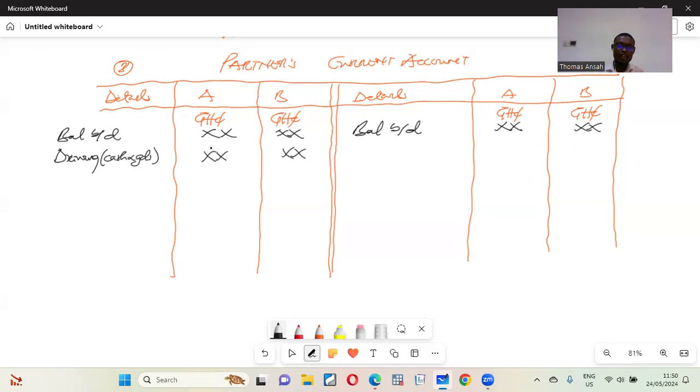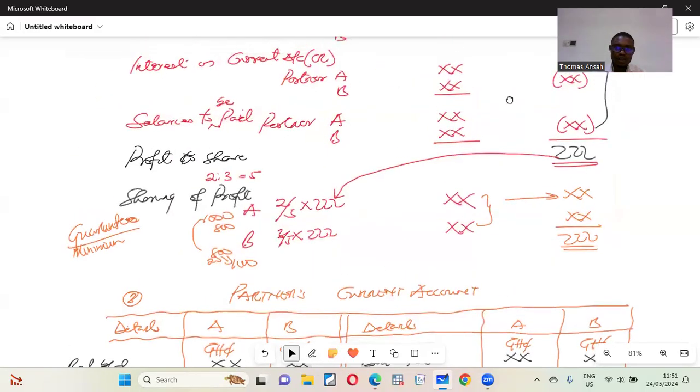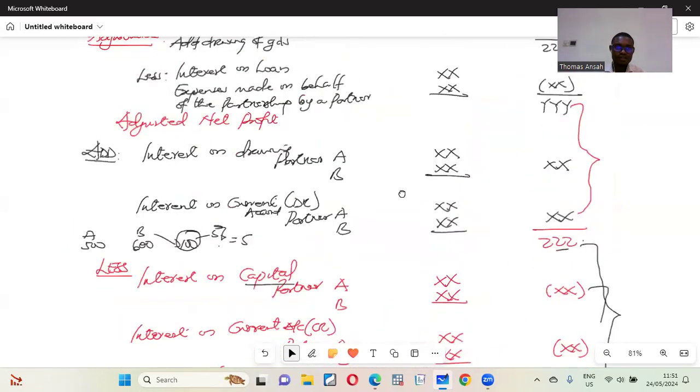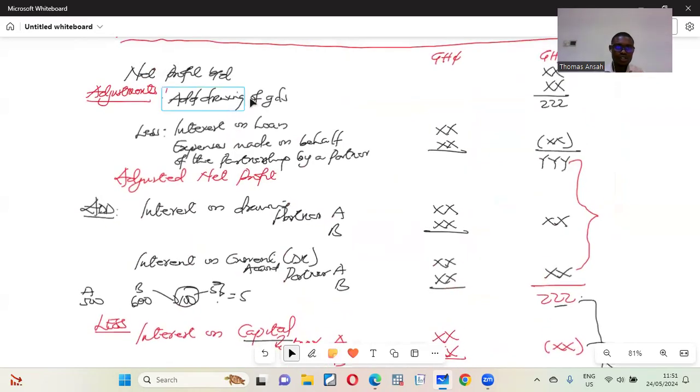Then once you're done with this, you see all those things that we added here. You saw interest on drawings, we added, so add drawings of goods. You saw drawings of goods where I've positioned it, but here we don't do cash in P&L, so that is why you don't see drawings of cash. Yes, you go and deduct the drawings, like we did.